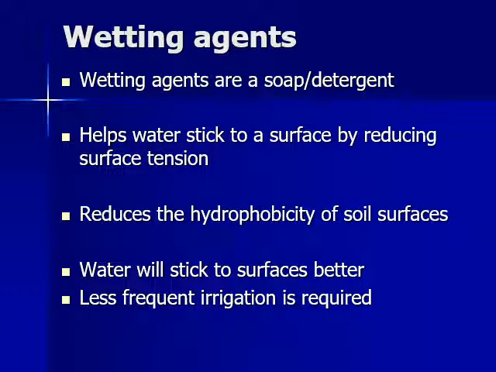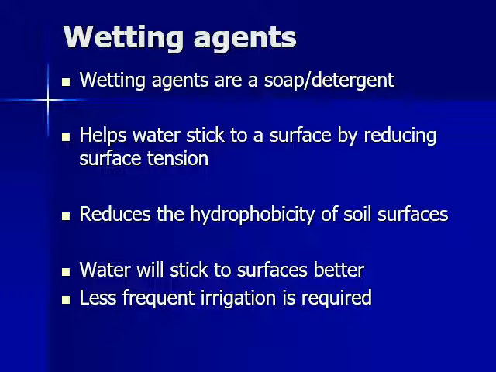In the horticultural industry, we add wetting agents to our media to help them attract water. So by adding soaps, detergents, what that does is it changes the surface tension of the surface of the coir or peat moss or wood fiber so that it's less hydrophobic.